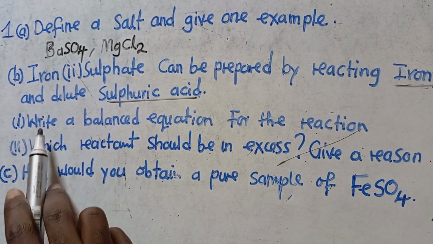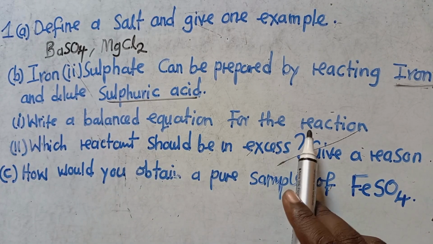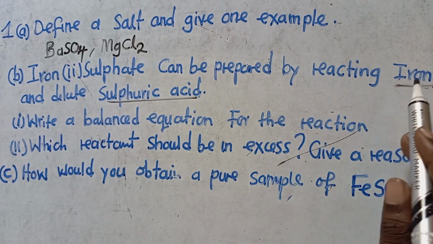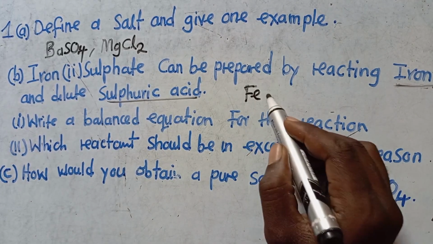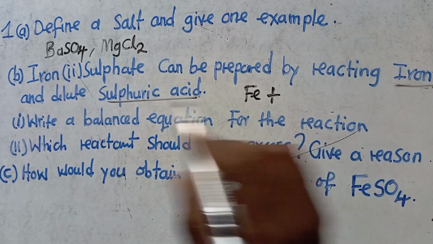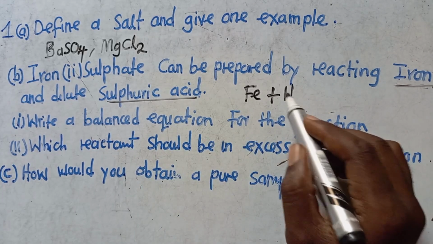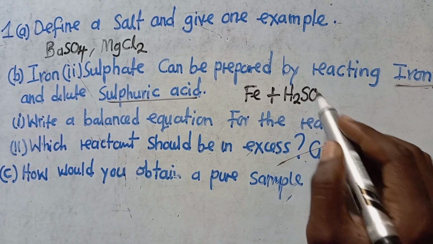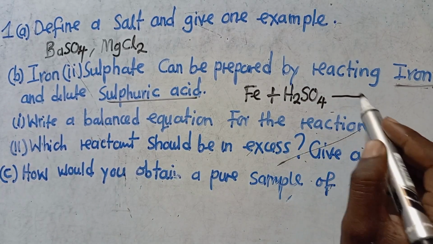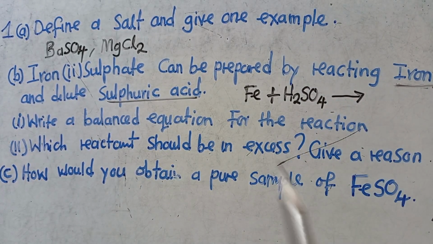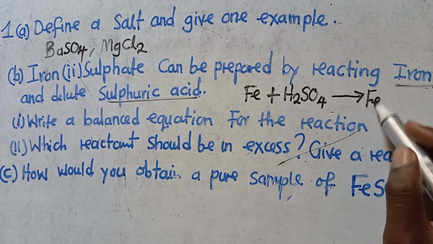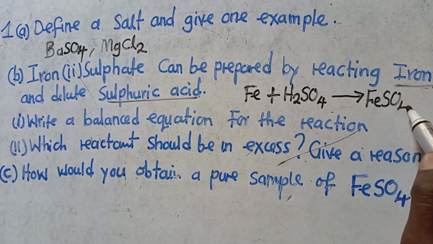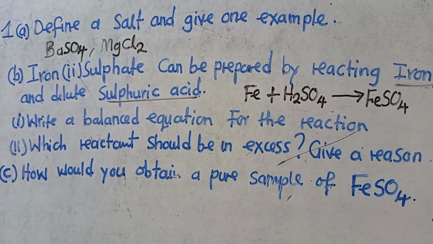So the first question: write a balanced chemical equation for the reaction of iron. Iron is reacting with dilute sulfuric acid, H2SO4, to form iron(II) sulfate, FeSO4, plus hydrogen gas, H2.